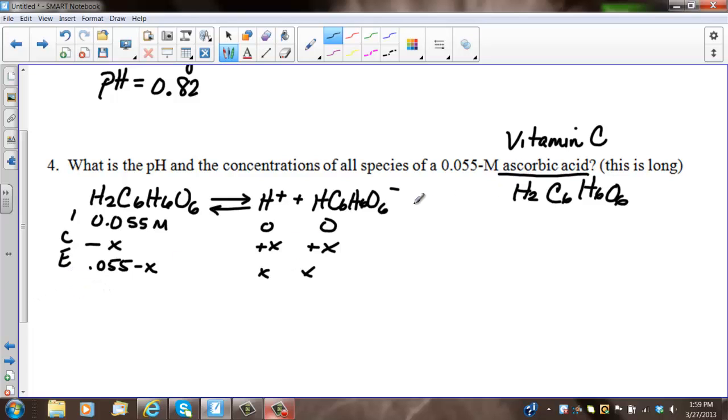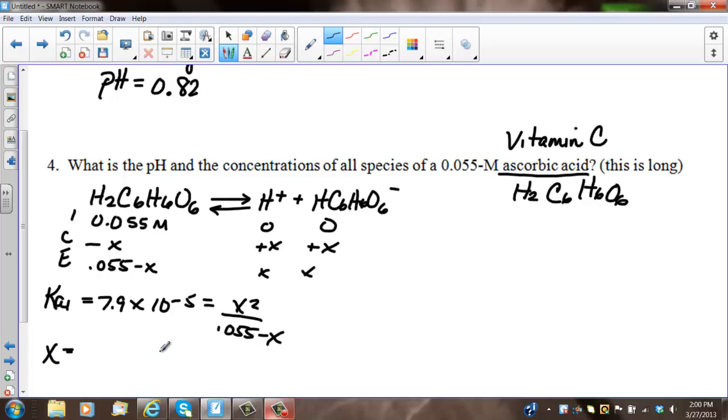So we need to have two Ka values here. So Ka1, because this is the first reaction, step 1, is equal to 7.9 times 10 to the minus 5. You just have to look that up. And that's going to be equal to x squared over 0.055 minus x. And then I solve for x in my solver.